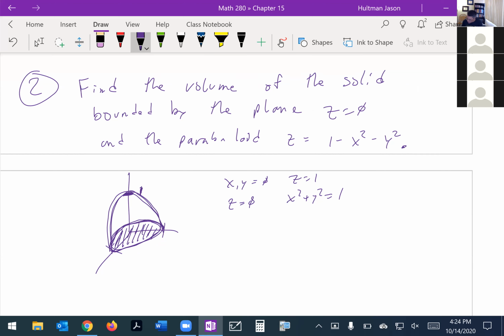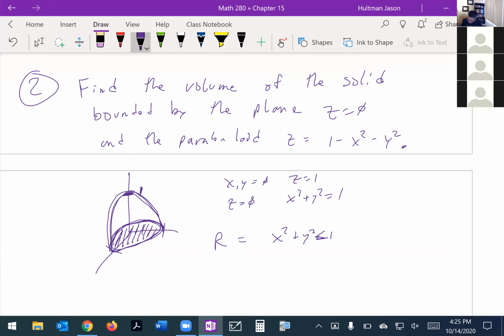So I want to change this to polar coordinates. Why? Because what's the base here? The base area is the unit circle. R, the domain, is in the xy plane, which is the unit circle. x squared plus y squared less than or equal to 1.